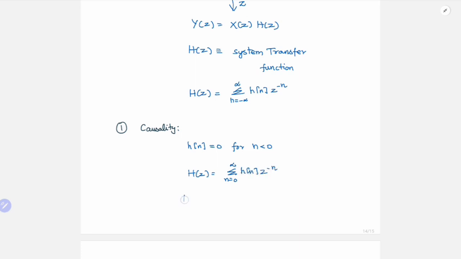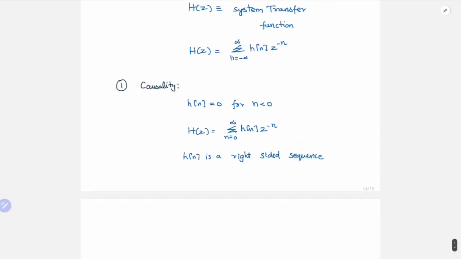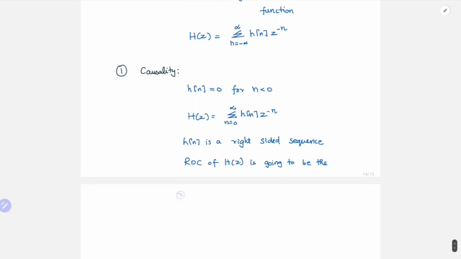So if you observe, your h of n is a right-sided signal or right-sided sequence, and hence the ROC of H of z is going to be the region outside of the outermost pole.